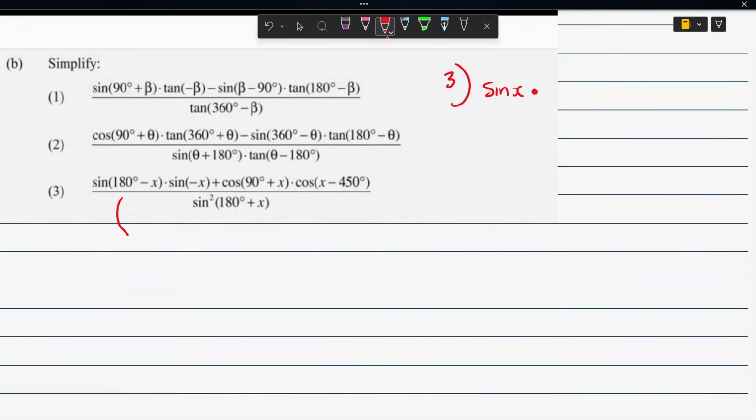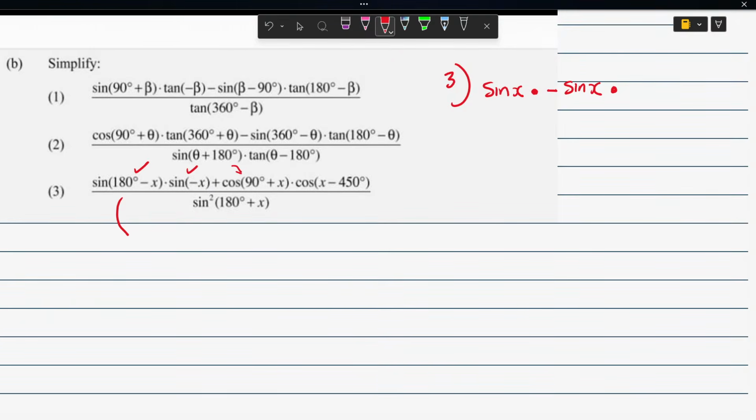So when there is x, put 30 and press your calculator. Then it will tell you that the answer you get is negative. It means it's negative sine x. Then we are done with this one and this one.